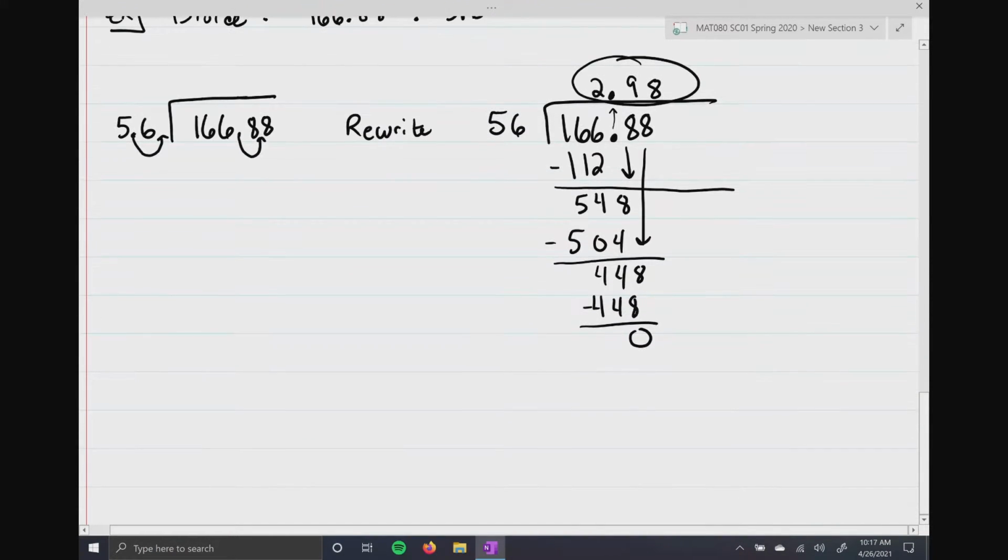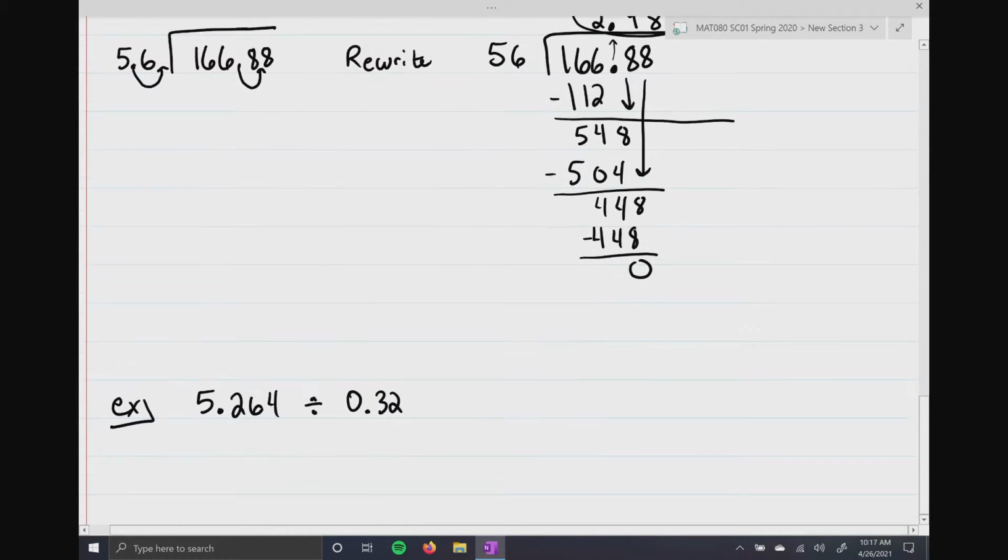All right, next one. All right, let's try this problem. We're going to divide 5.264 divided by 0.32. Okay?